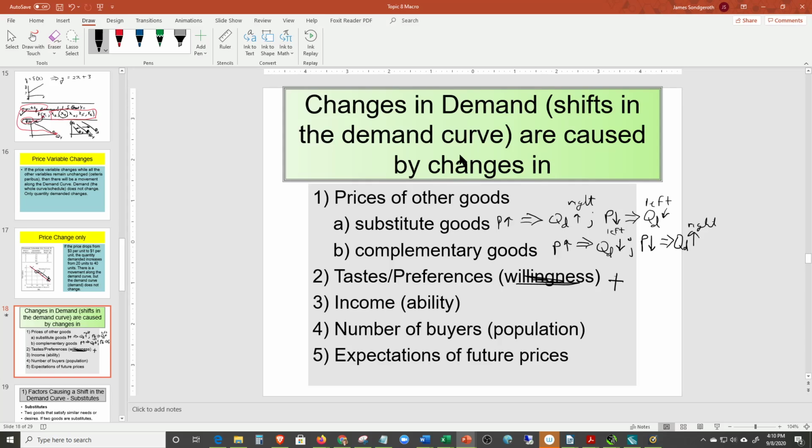In other words, a positive change will shift the quantity demanded up, and this is a rightward shift, and obviously the opposite is different.